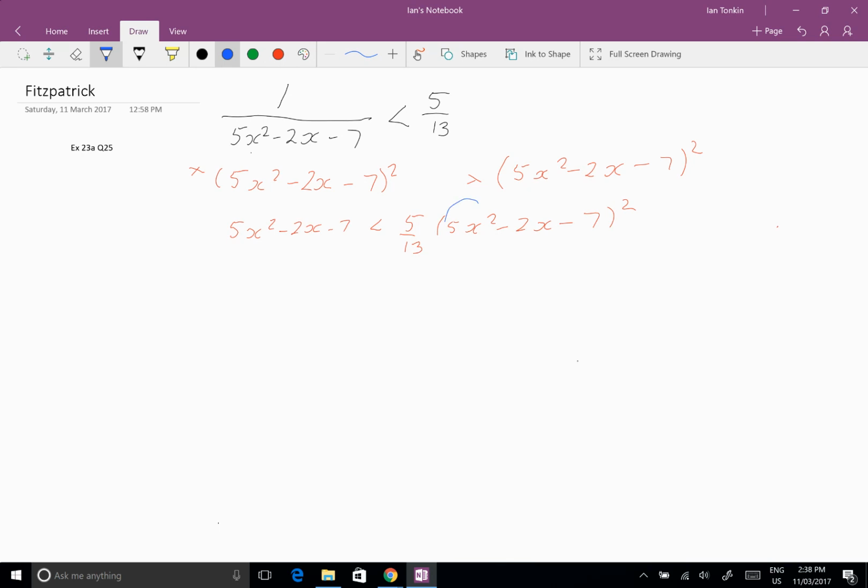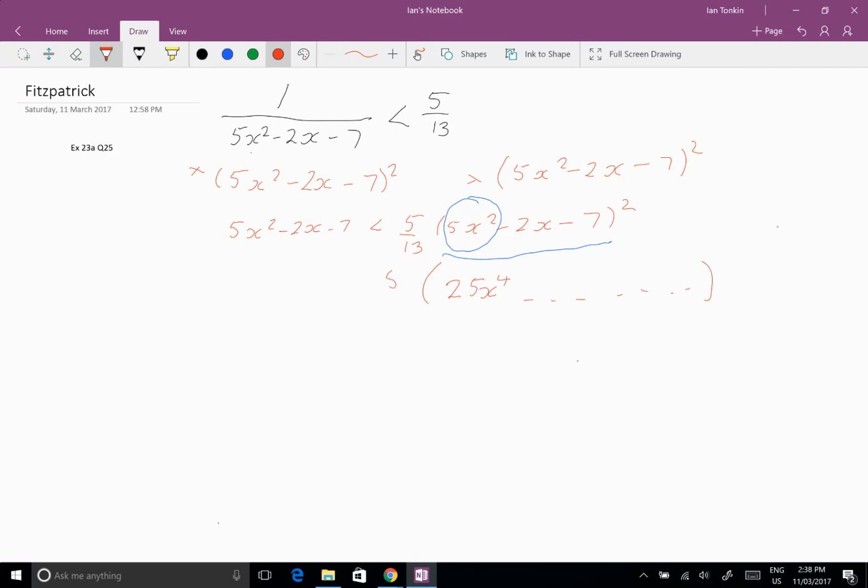I can just look at the leading term. What would happen to that leading term if I expanded this whole expression and then multiplied by 5 on 13? Well, that leading term would become 25x to the 4. And I get all these other things along here.